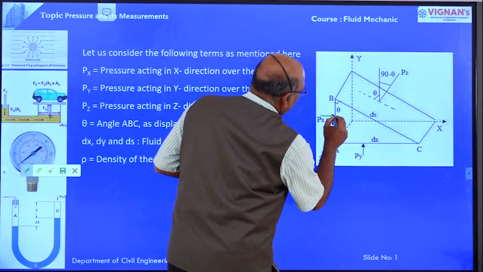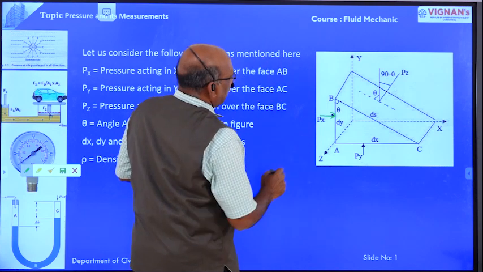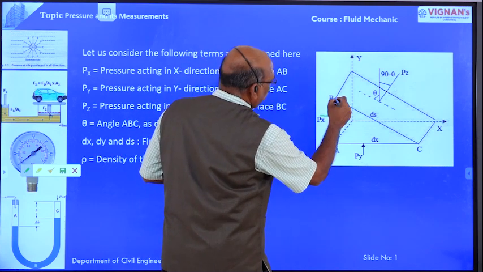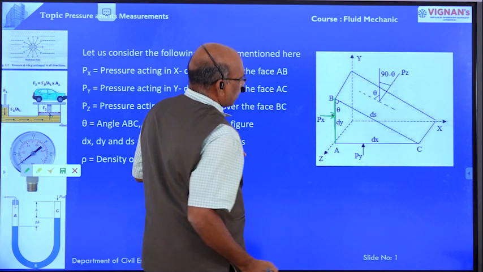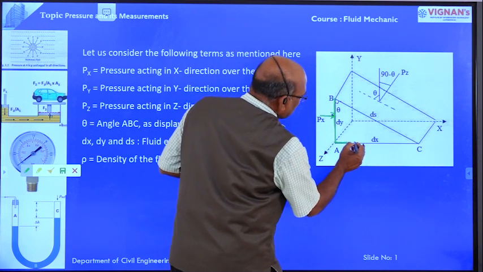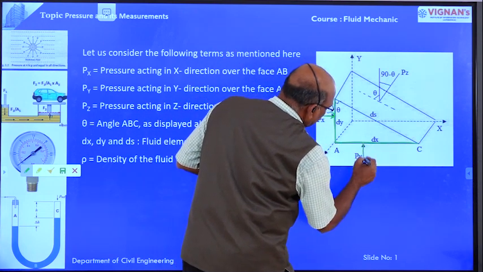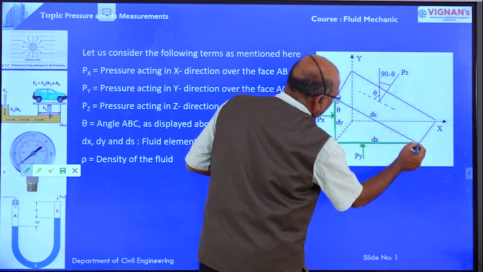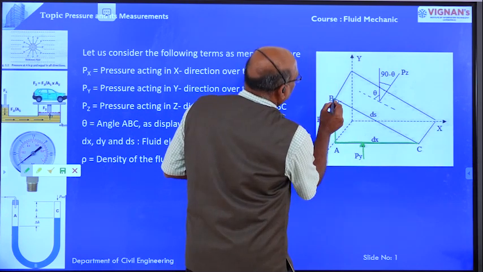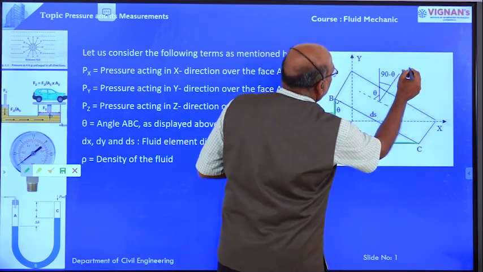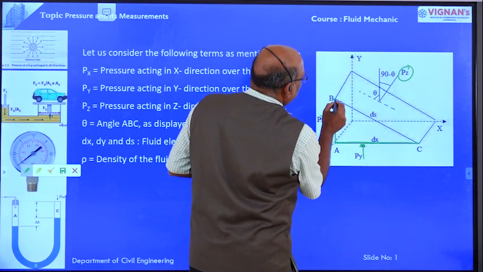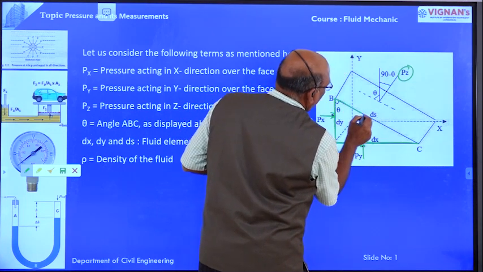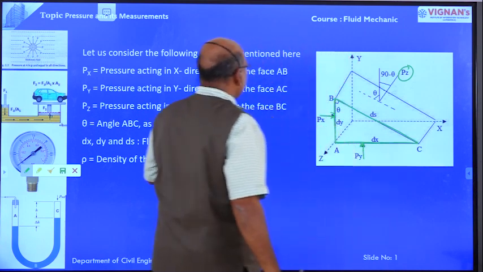Px is the pressure acting in x direction on the face AB. Py is the pressure acting in y direction on the face AC, and Pz is the pressure acting in the z direction on the face BC.